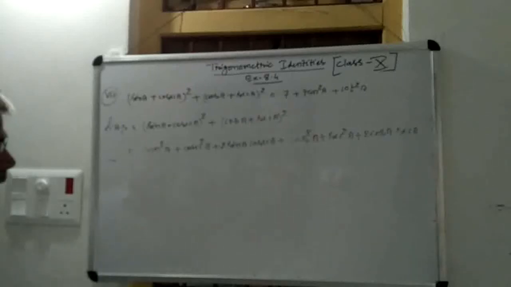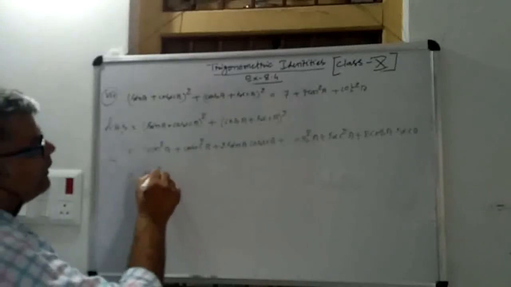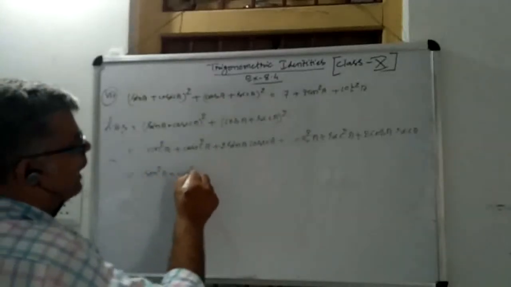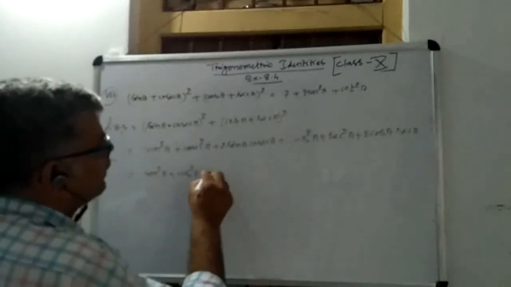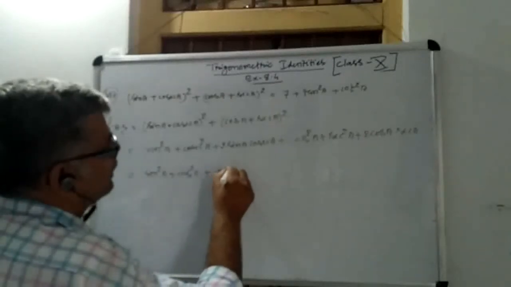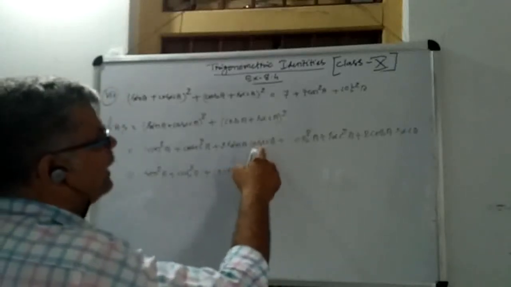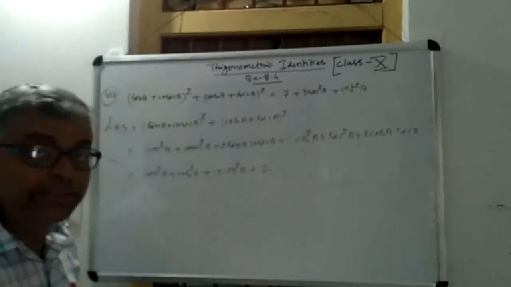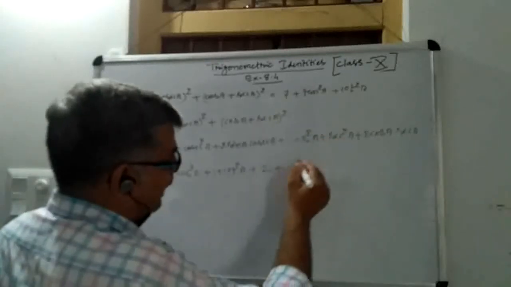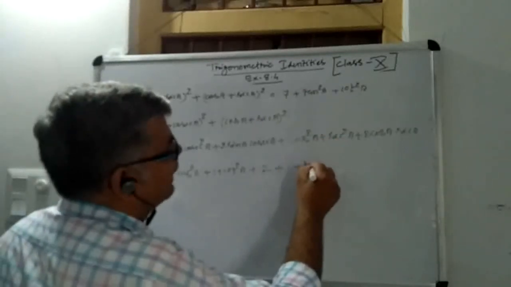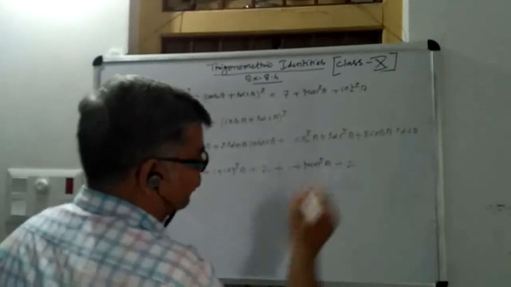So now children, this sin square A plus cos square A, write it together, and cosec square A can be written as 1 plus cot square A, plus 2 sin A cosec A is equal to 2, because you know that sin A into cosec A equals 1, plus sec square A can be written like 1 plus tan square A, plus again cos A into sec A equals 1, that is 2.